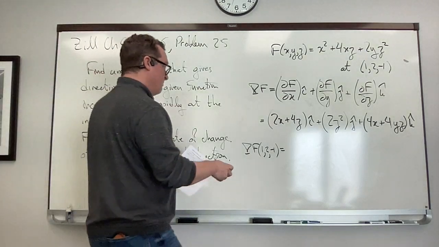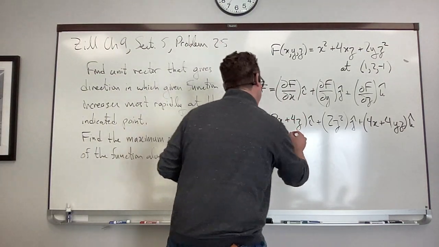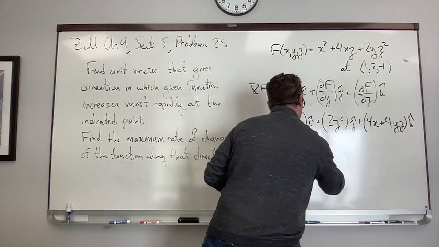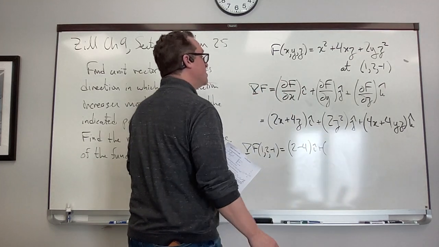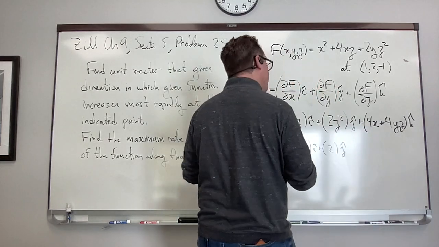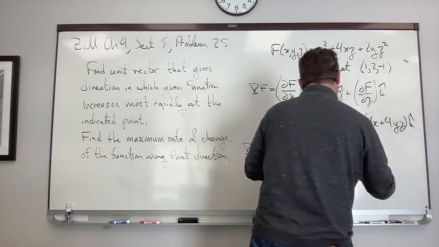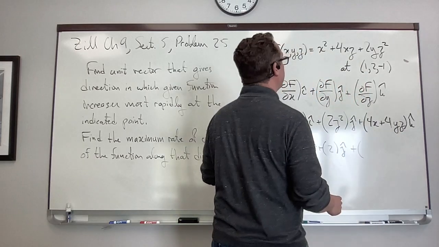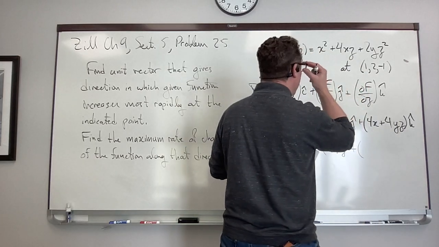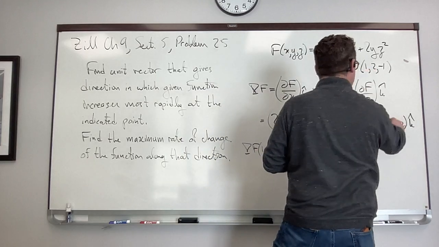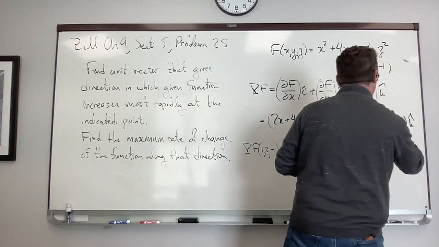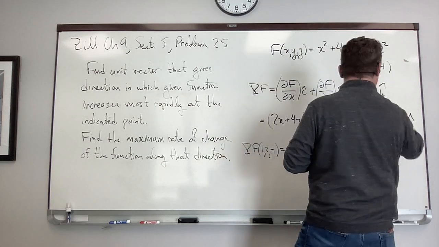Okay. So that would become, all right, well, 2 minus 4i plus 2z squared, so that becomes 2j plus 4x, 4x is 4, plus 4y times z, so 2, so it becomes minus 2.